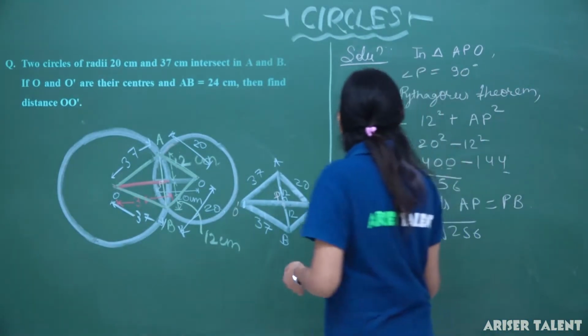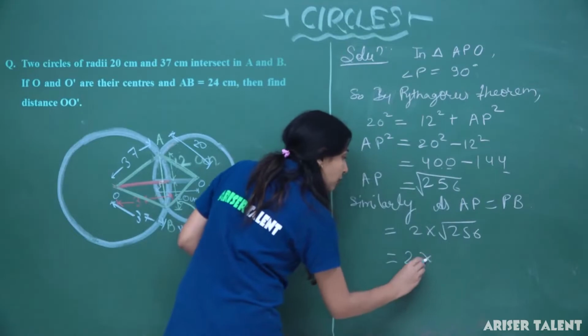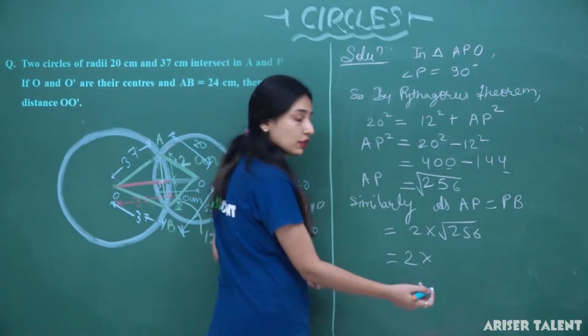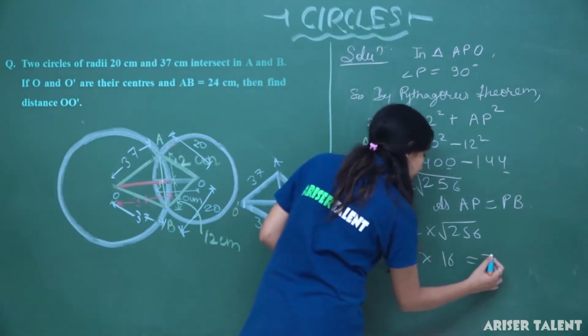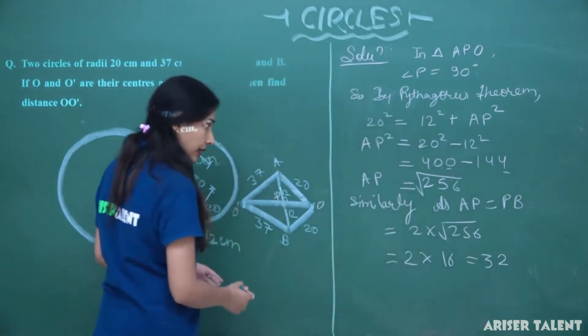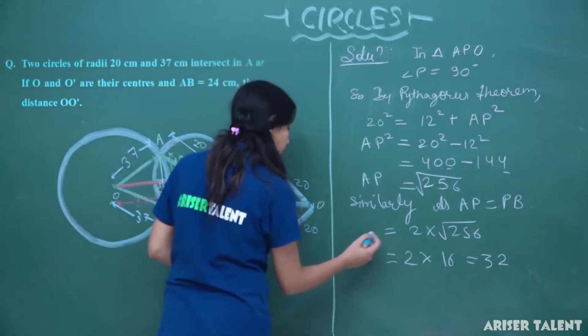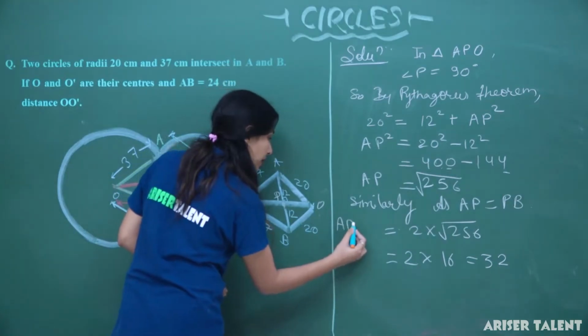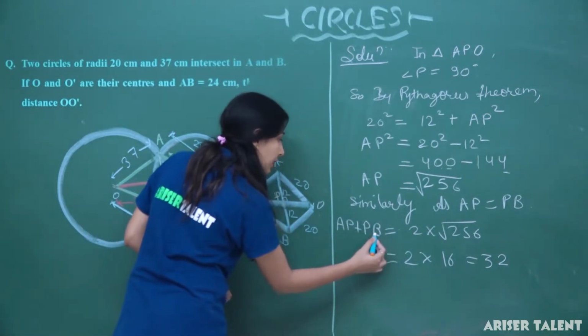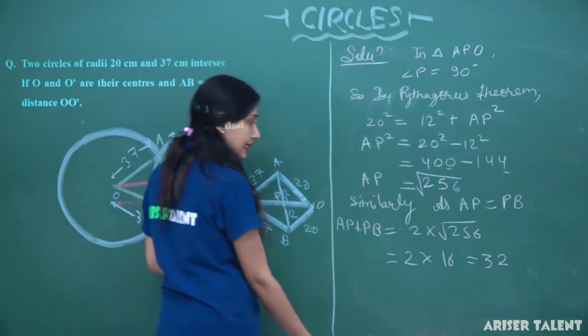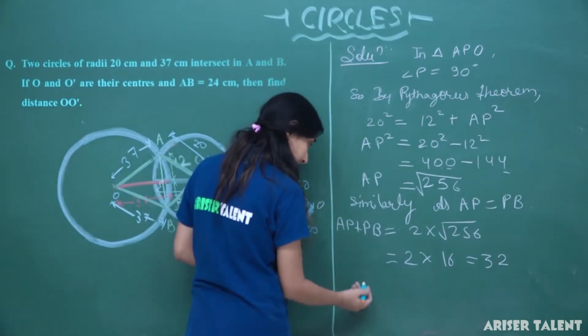Now the value of root 256 is 16. So that will be 32, right? So AP plus PB will be equal to 2 root 256.